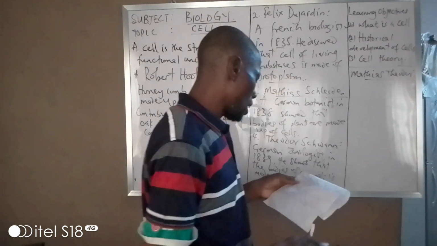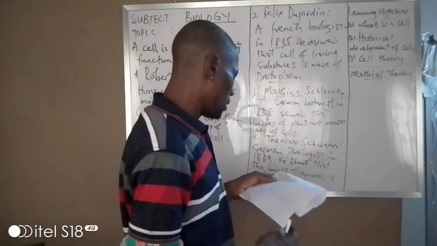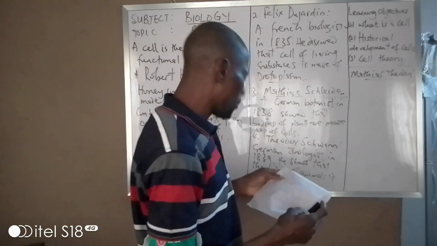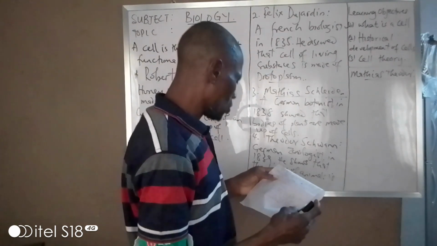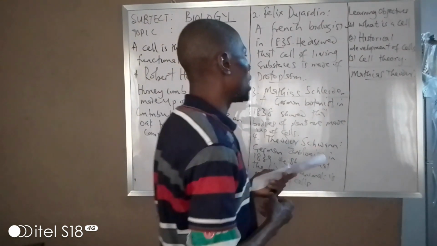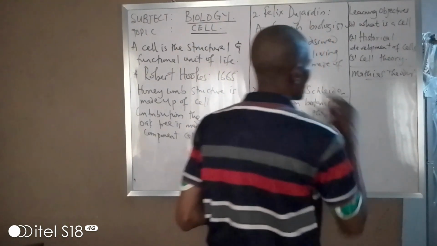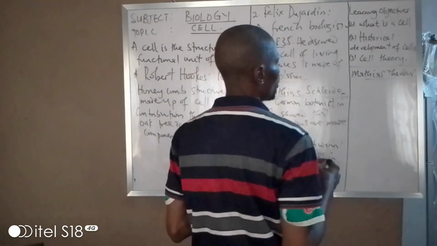Matthias Schneider and Theodor Schwann. Both of their work lets us know that animal cells and plant cells are under the cell theory.